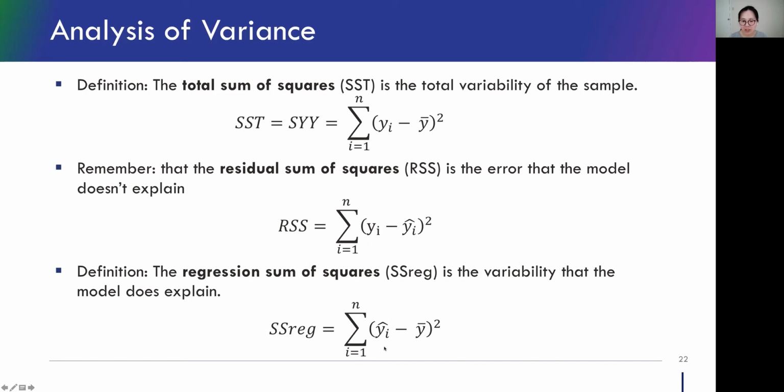The mean of the data is nothing but a horizontal line across the data, while the yi hat values all lie on your regression line. So this measures how far the regression line is from that horizontal mean of the data. This is called SS reg, for regression.